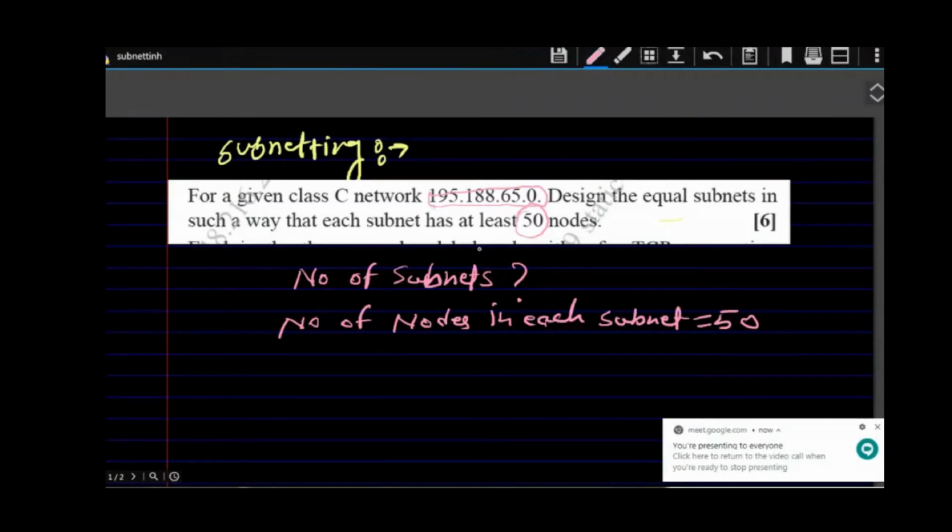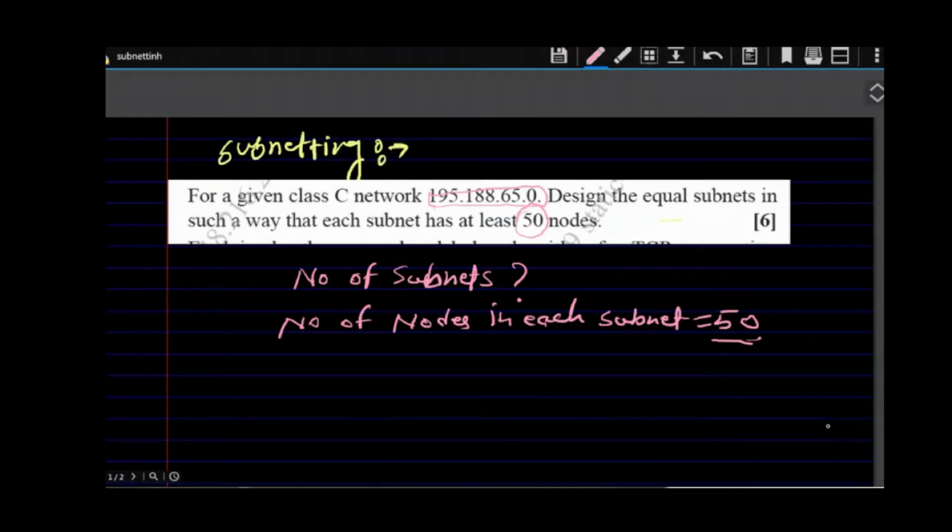So with this information, we have to find how many subnets we have to calculate. The number of nodes required in each subnet is 50. So this is the at least requirement, in which each subnet has at least 50 nodes.